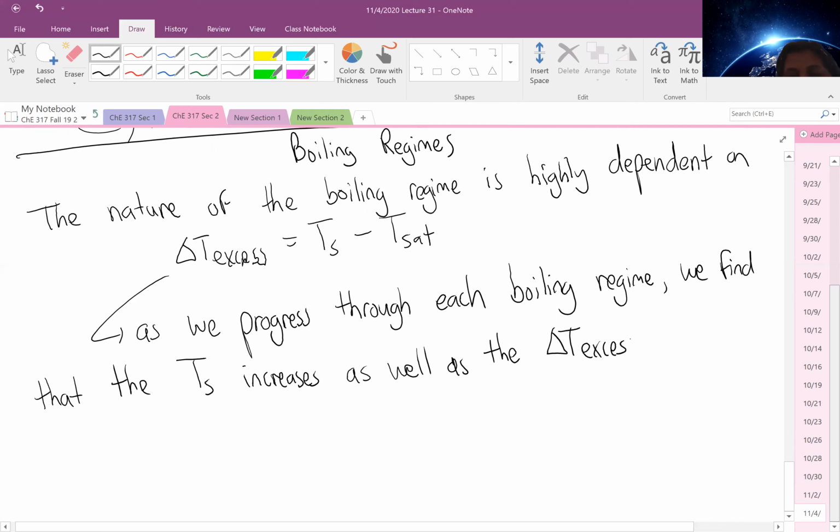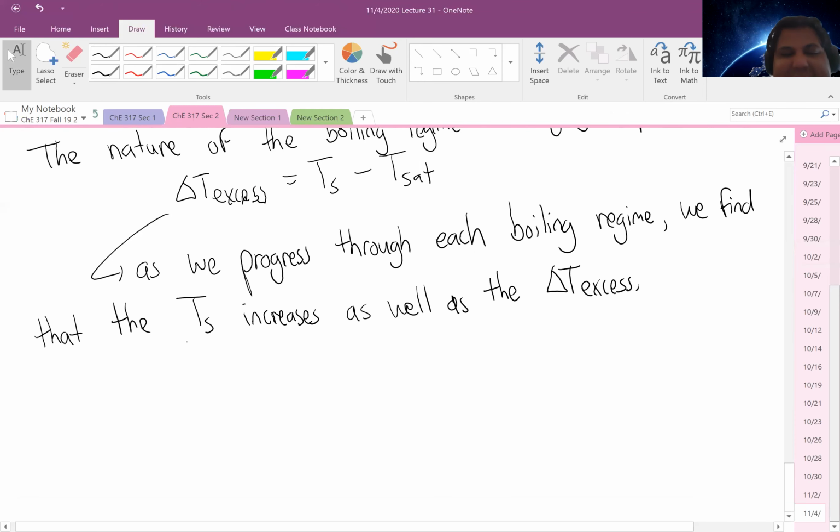Because once again, that saturation temperature isn't going to change. So even though we're heating the fluid, the bulk fluid temperature is going to rise. But when we're focusing on boiling, we're looking at the temperature gradient in relation to that saturation temperature. And so what that means is we see an increase in T sub S, Tsat doesn't change, and therefore delta T excess changes.